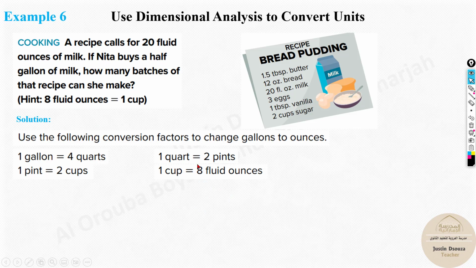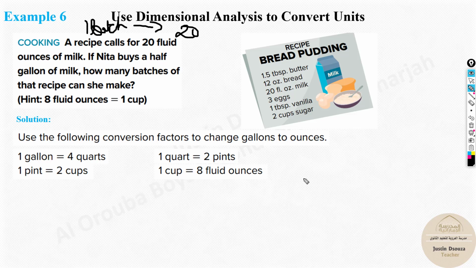Now what we need, we know the recipe calls for how much? 20 fluid ounces. We need to go to how many batches? Now this is 1 batch, which means 20 fluid ounces.